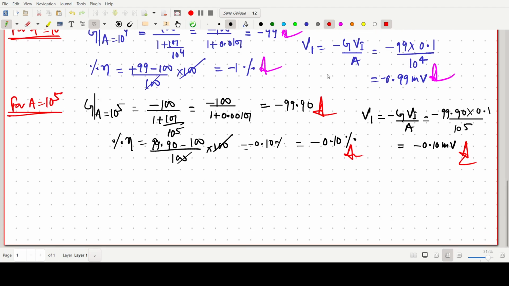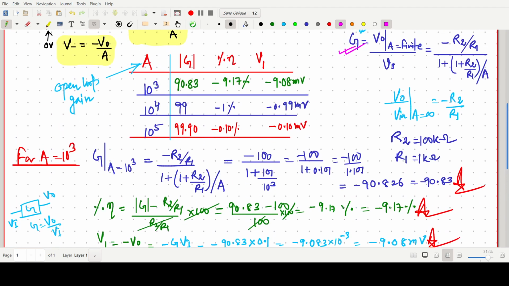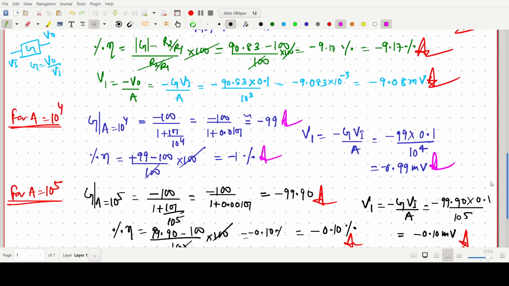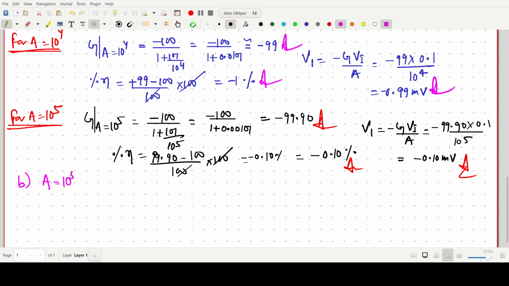So for the second case, part B, they are asking: the A value changes from 10 to the power 5 to 50 into 10 to the power 3.